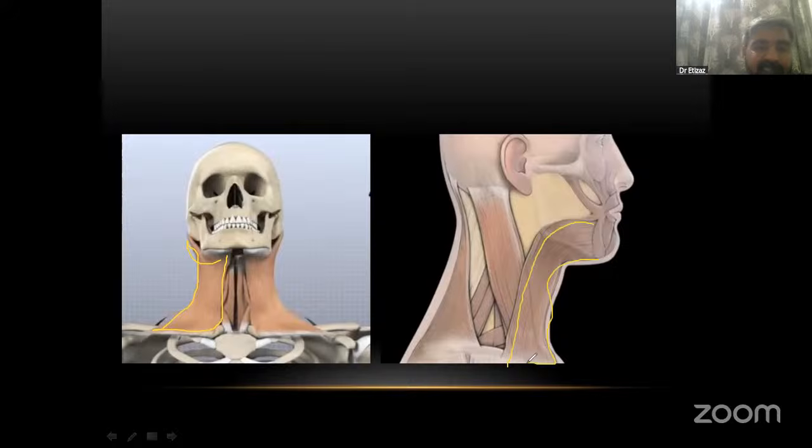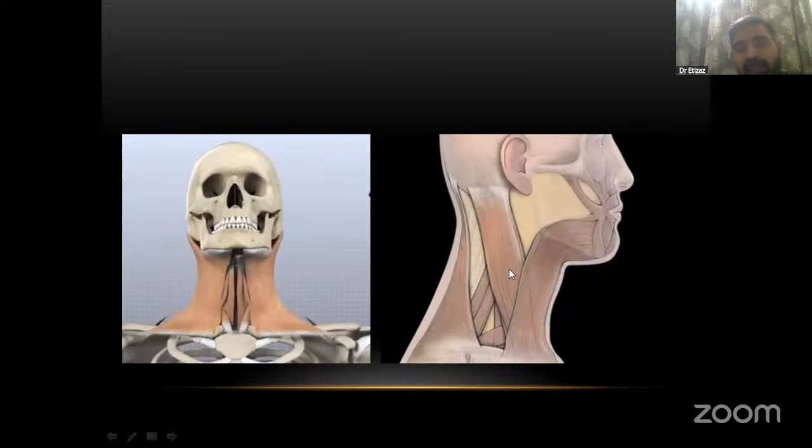We will bluntly dissect this platysma. Some surgeons actually incise it or bluntly dissect this platysma muscle when we go inside. When we dissect this, at the lower side we can see the lower belly of the sternocleidomastoid muscle.